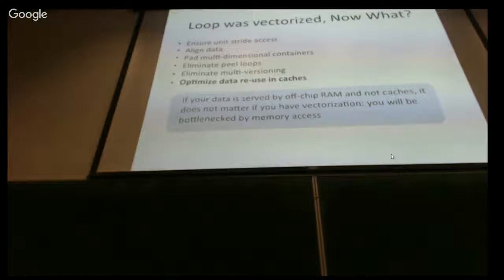You need to optimize data reuse and caches, because as we touched on this morning, if you're memory bandwidth limited, you won't benefit from vectorizing your code. So you need to make sure that your data sits in cache as much as possible to properly exploit vectorization. If your data is served by off-chip RAM and not caches, it does not matter if you have vectorization, you will be bottlenecked by memory access.